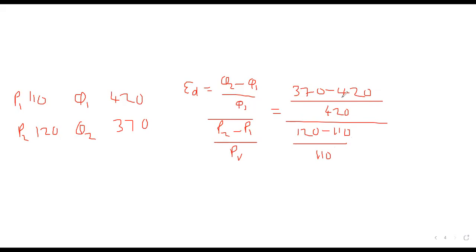So here we're going to get minus 50 over 420, and here 10 over 110.